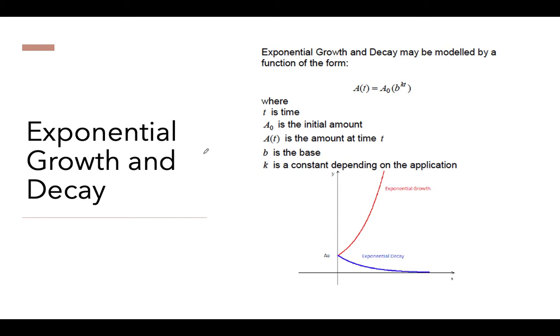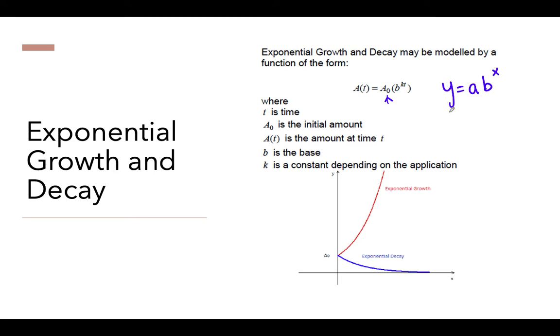First, we need to understand what exponential growth and decay are. I'm pretty sure you're familiar with this from the previous chapters or last year, that exponential growth and decay may be modeled by using this form. Before I was using y = ab^x. It's the same thing.